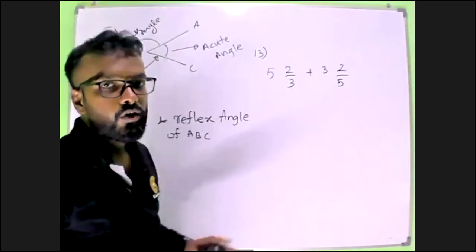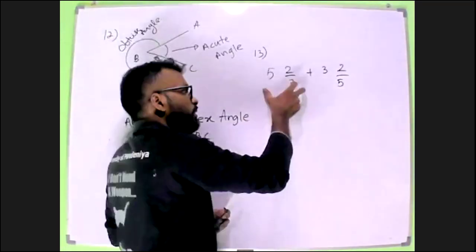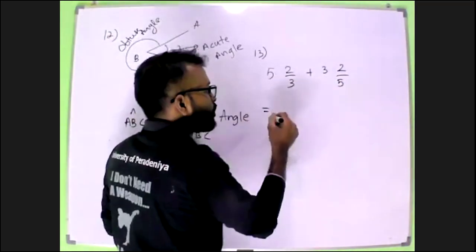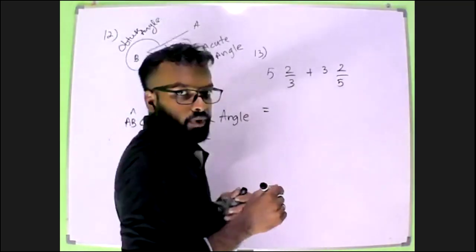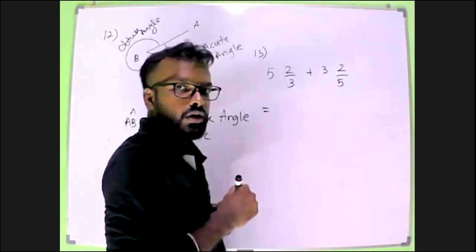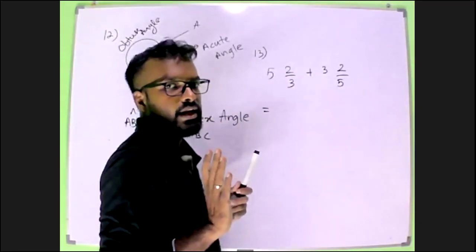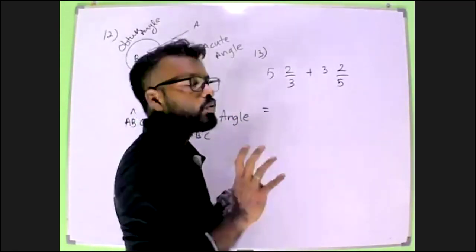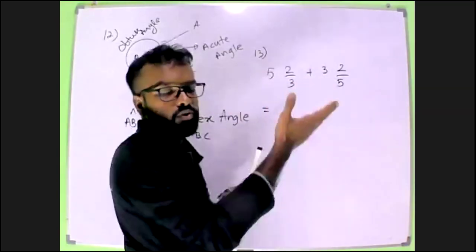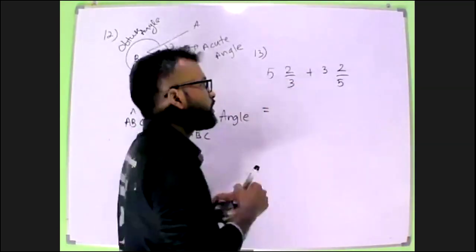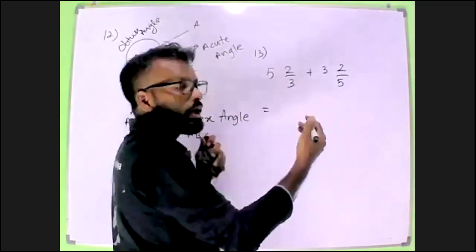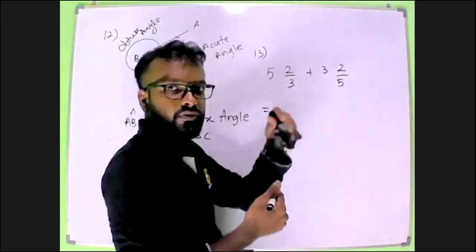Very easily, how do you do it? First of all, these are mixed numbers. You have to convert them into improper fractions, or you can find another way. You can separate the whole number part and the fractional part.